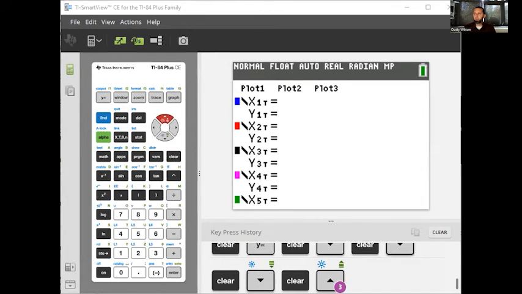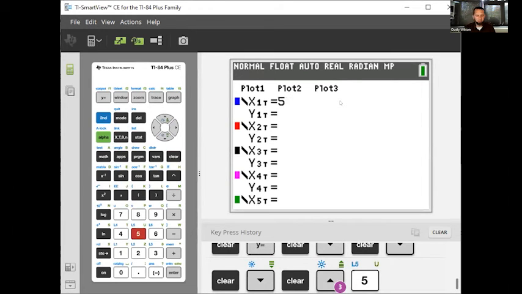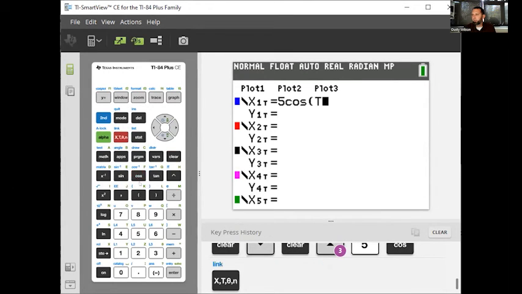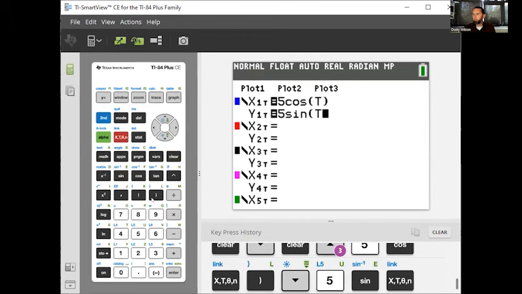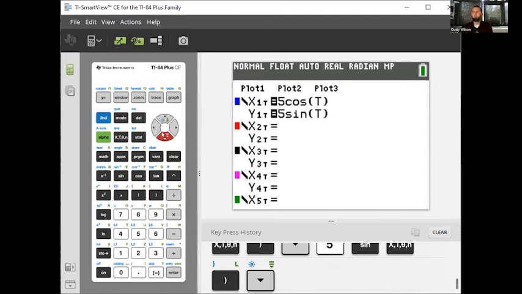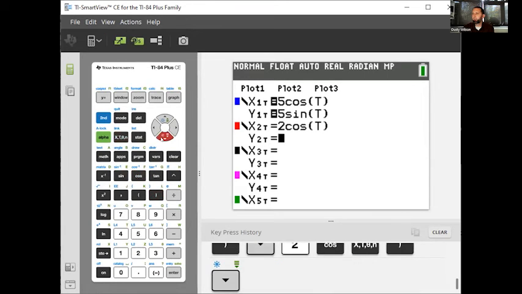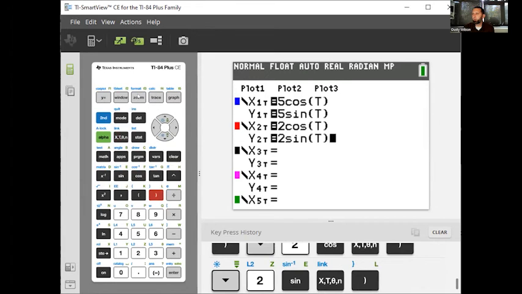First thing I'm going to do is graph the inside and the outside circle. So my outside circle is going to be at 5 cosine t and 5 sine t, since we picked the radius to be 5. And my inside circle is going to be at 2 cosine t and 2 sine t.